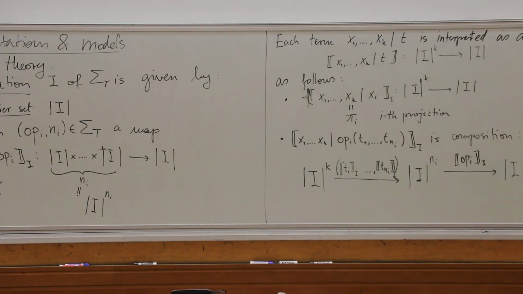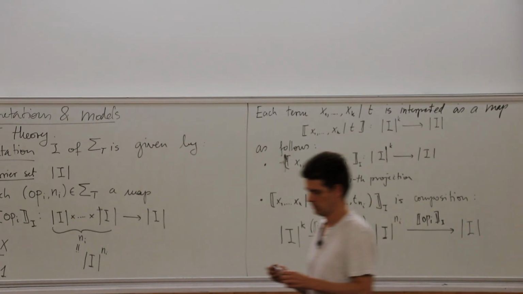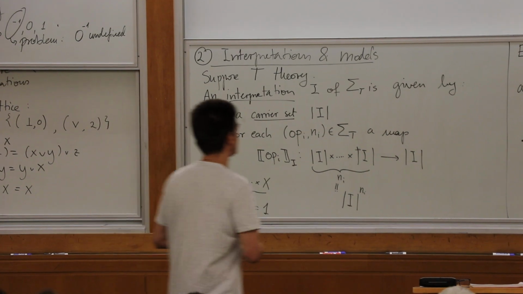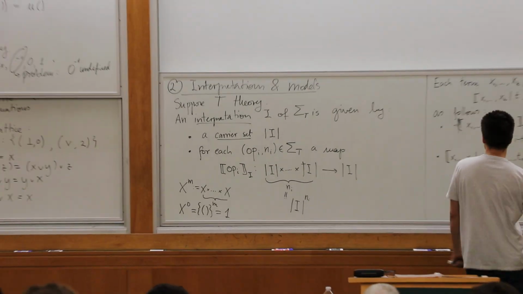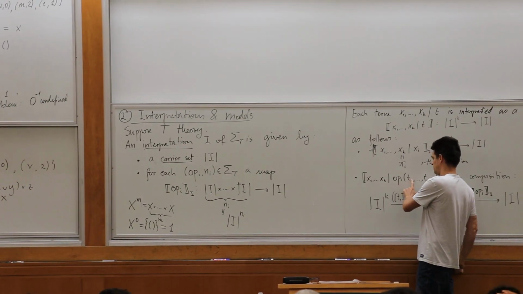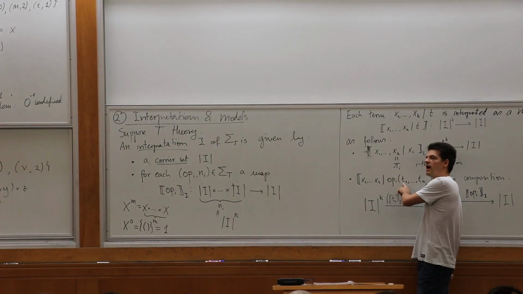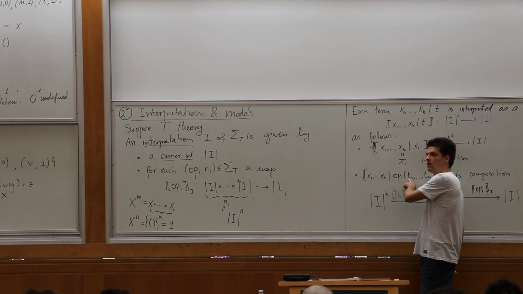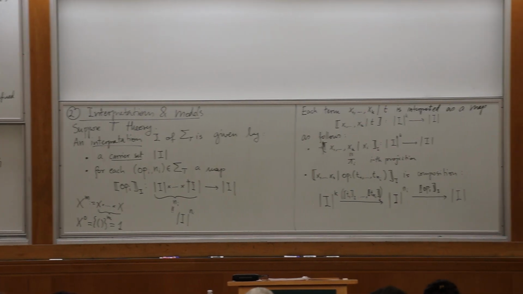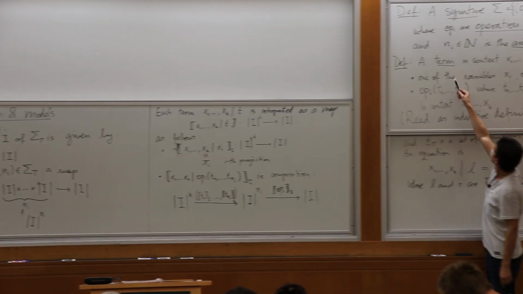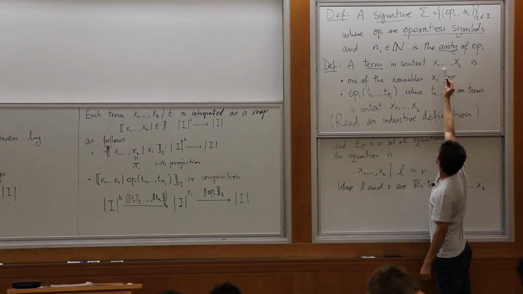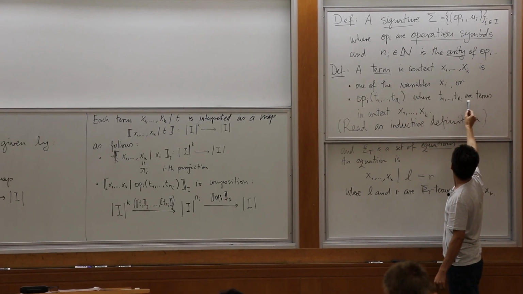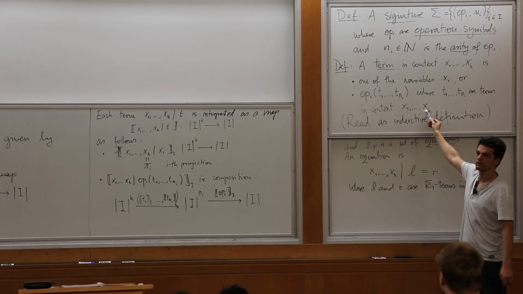Yes? You presume that you know the arities of the t_i's, but they are terms, they're not operations. So you can't really say what their arities are, but what you should ask is in what context are they? What variables can they use? And here we defined that a term in context x1 up to xk is of this form, provided all these guys are terms in the same context.